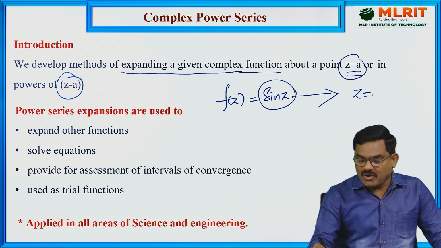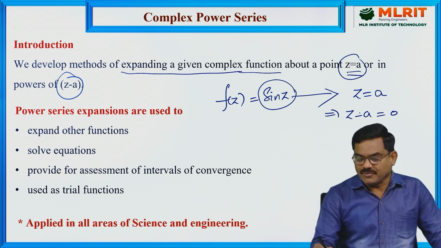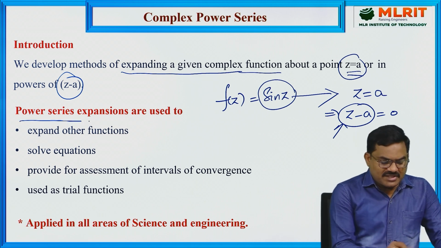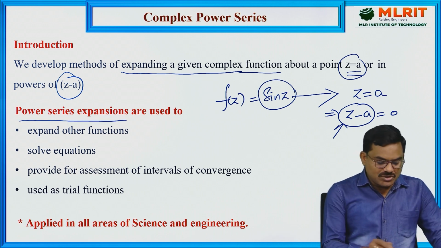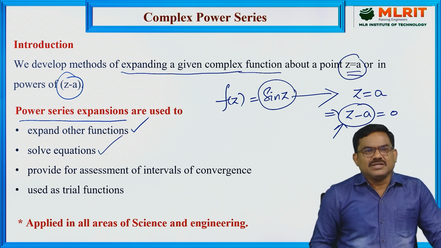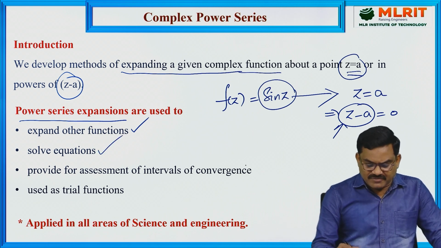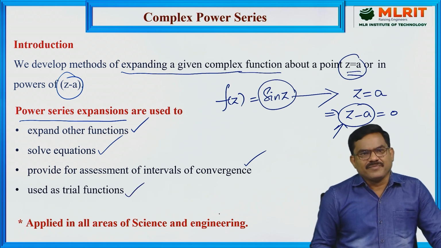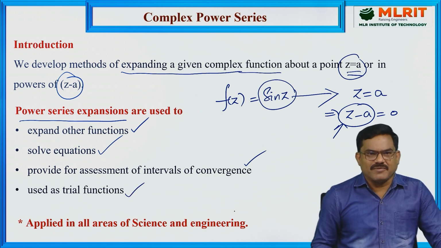If about z equal to a, if this a comes to the left side, z minus a equal to 0. So, this is in powers of z minus a, and this power series expansion is used to expand other functions, to solve given equations, to provide the assessment of intervals of convergence, and also used in trial functions. So, there are many applications of these power series expansions.